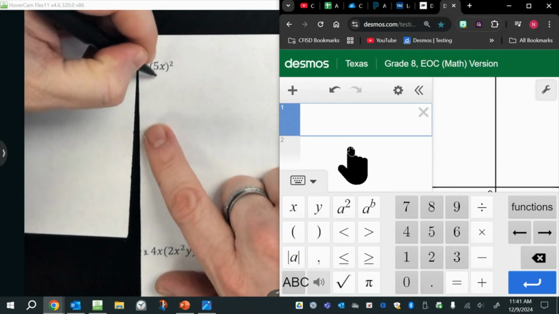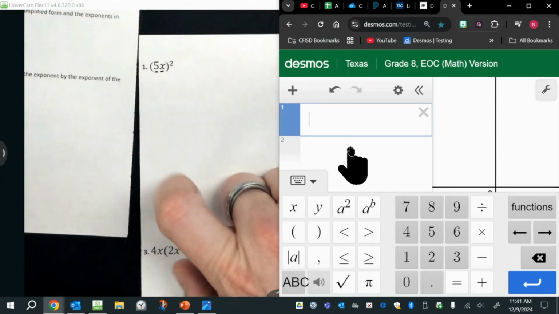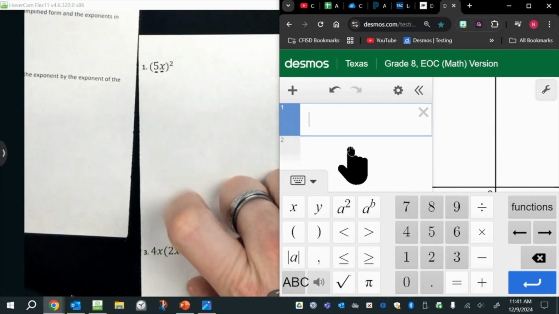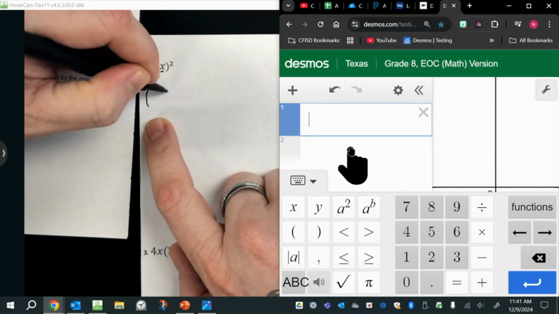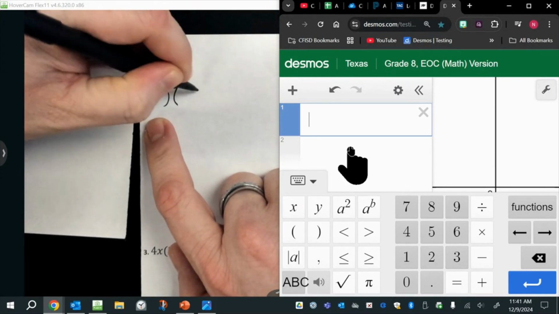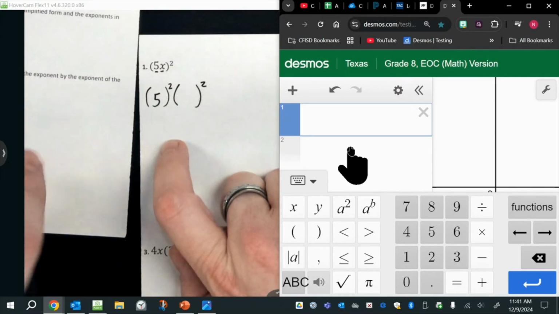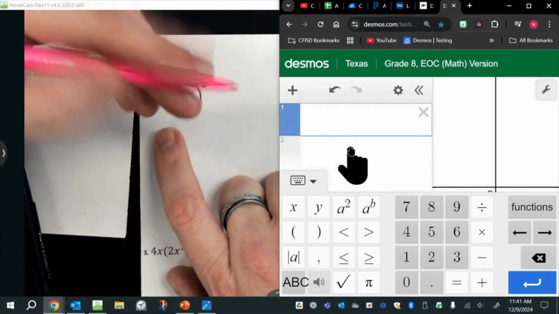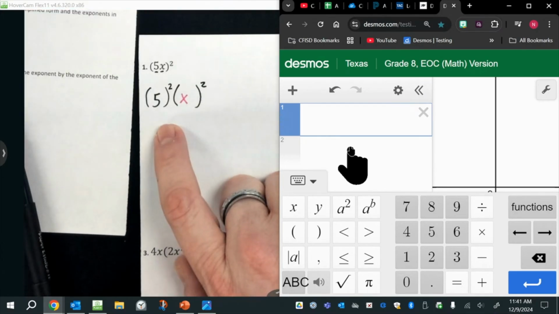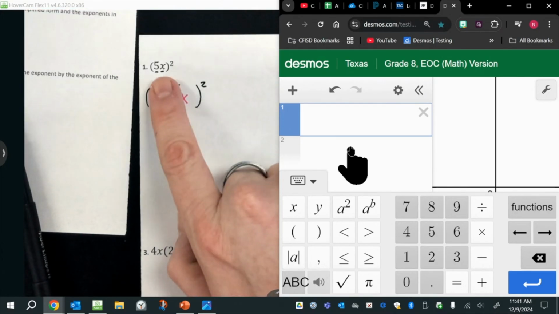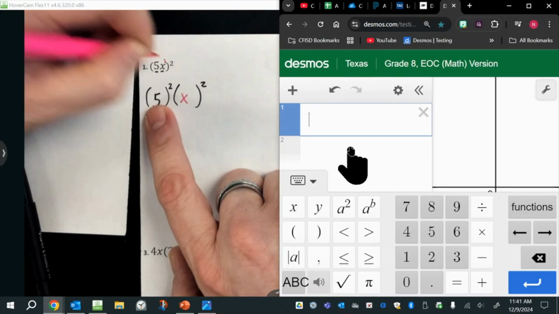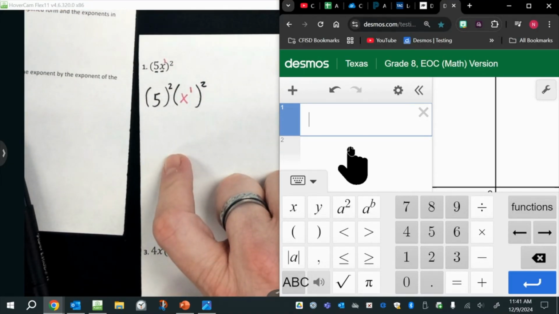So we got a 5 and an x being raised to the power of something, okay? So I'm going to write this 5 in one parenthesis and this x in another parenthesis. All right, this x is to the power of 1, so I'm going to put a 1 right here.